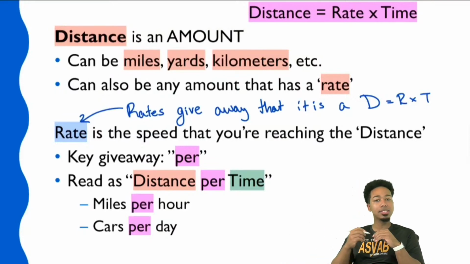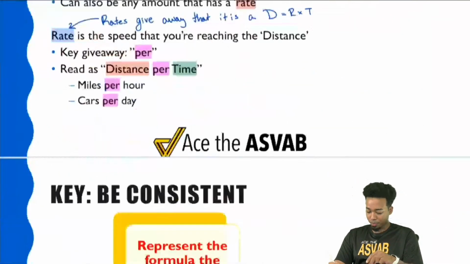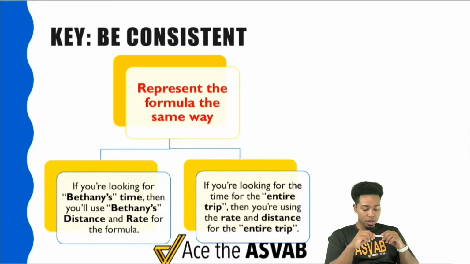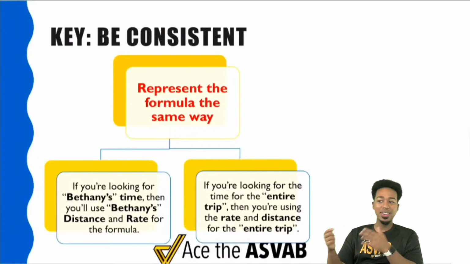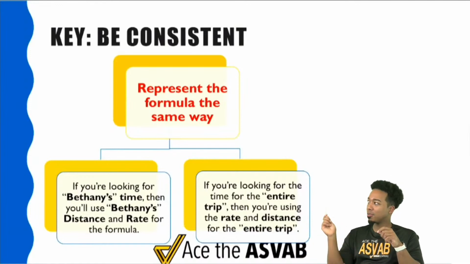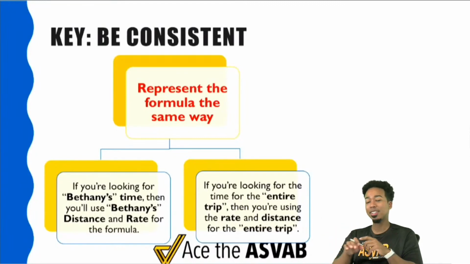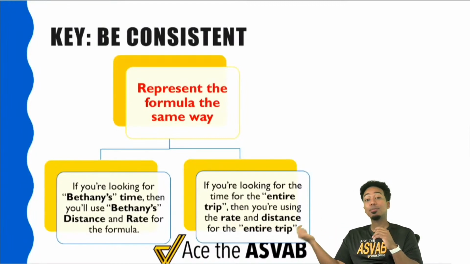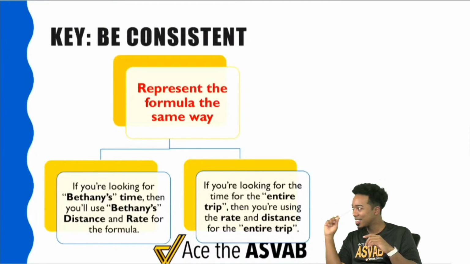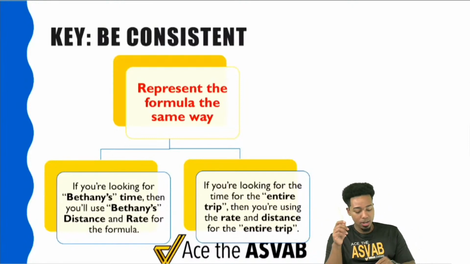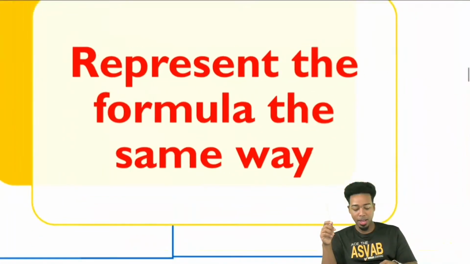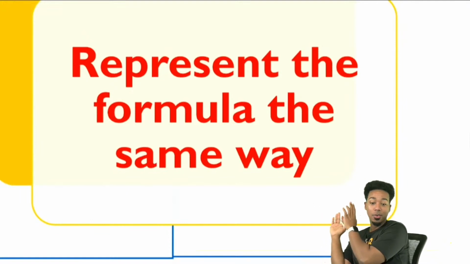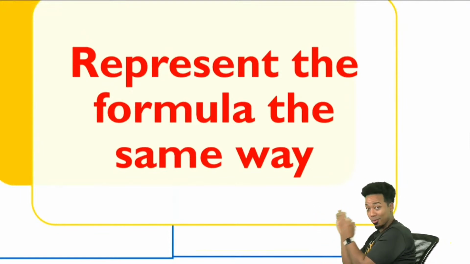All right, with that said, let's keep it going. Here's a note that if you were here last week, for part 1 or part 2 or both, you may have seen me go over these notes for a good 5-10 minutes. But today is where it really matters the most. Here's the big thing: represent the formula the same way.